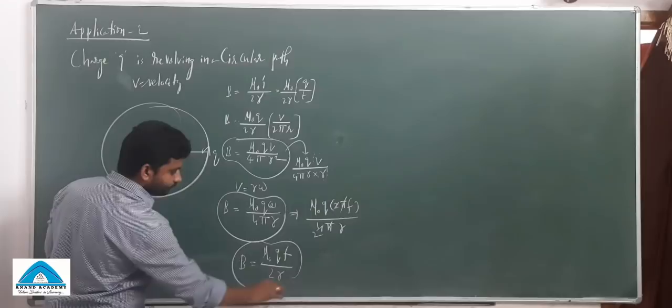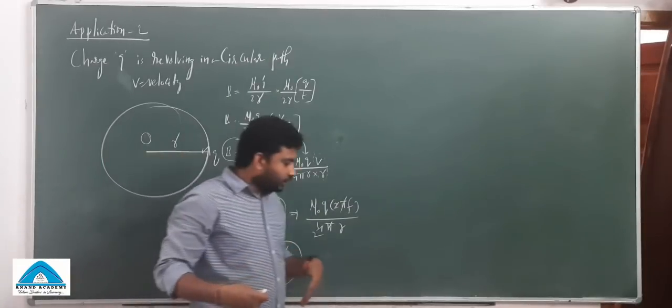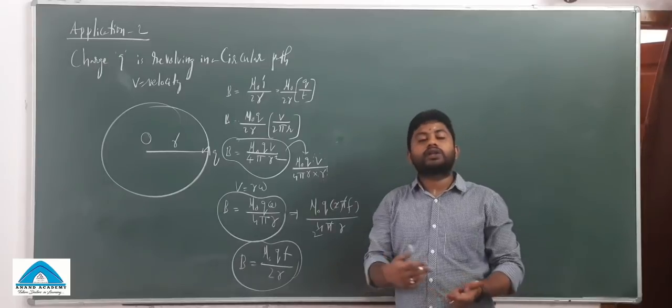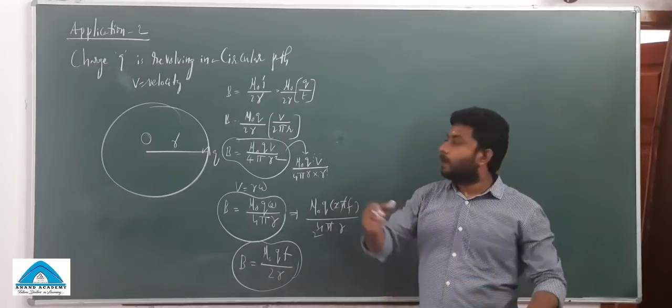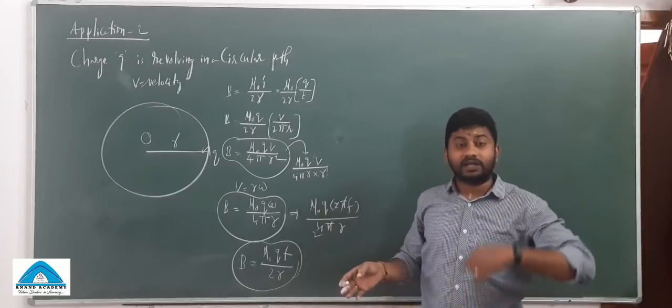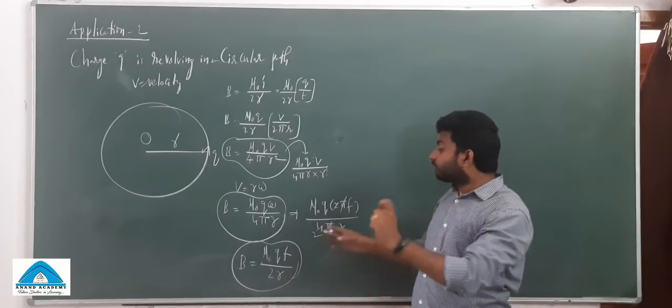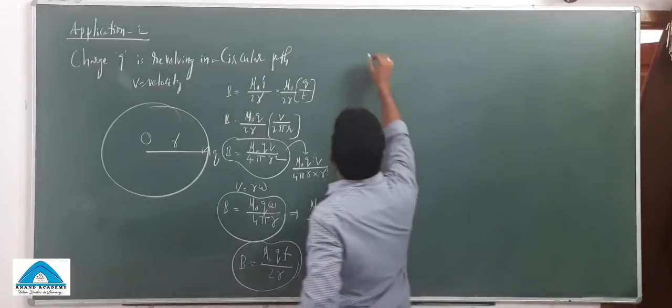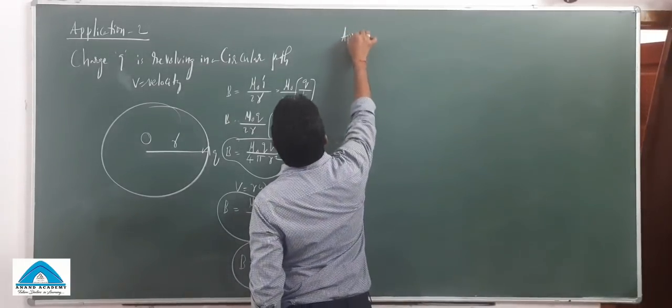That's it. In this application, we discussed 3 different formulas according to the relation between magnetic field and linear velocity, magnetic field and angular velocity, and magnetic field and frequency of revolution. Now let's see application number 3.